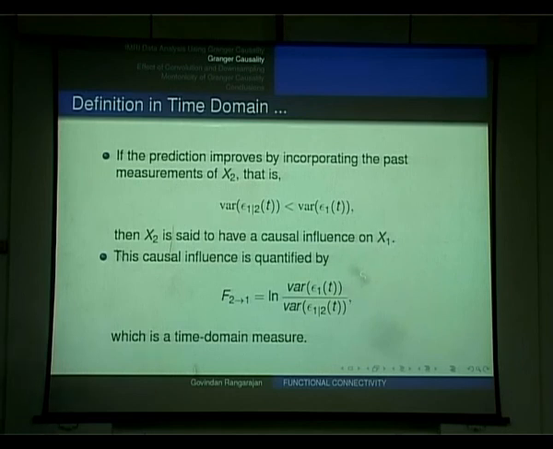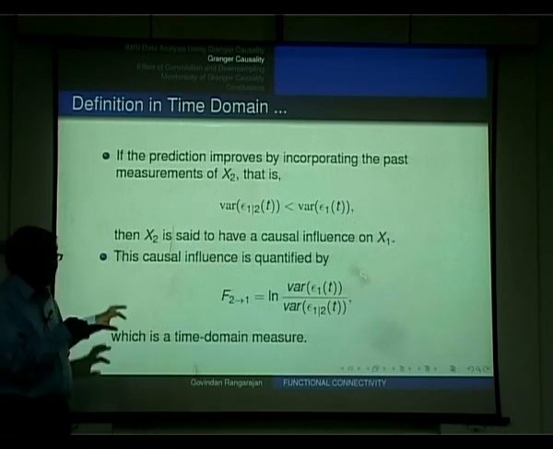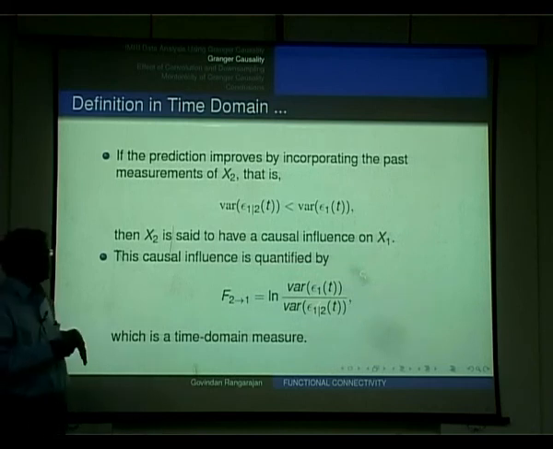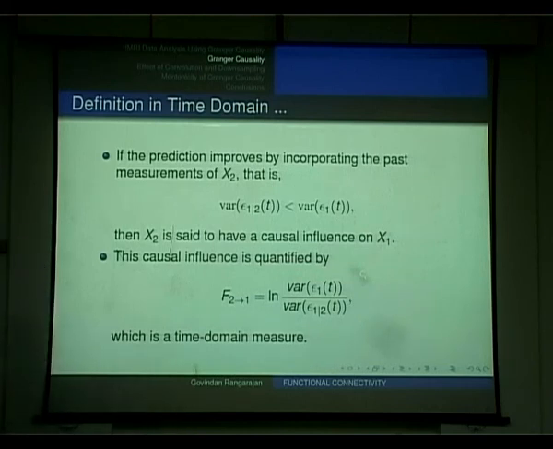So you say that if the variance of the second error term is smaller than the variance of the first error term, then x2 has a causal influence on x1. This is quantified by taking the ratio of these two variances and taking the logarithm. That quantifies Granger causality.